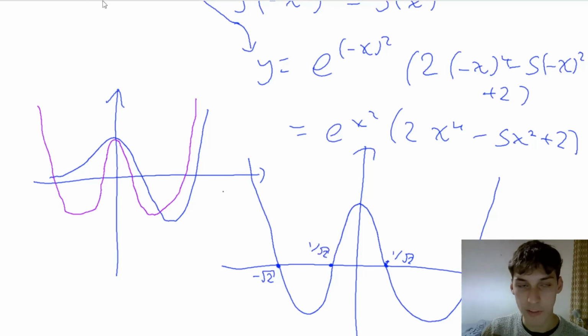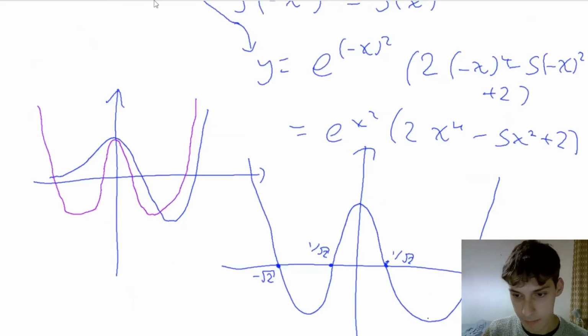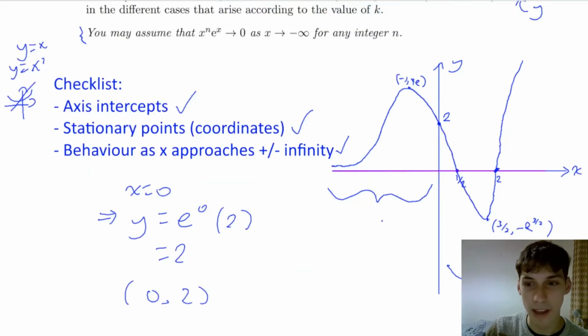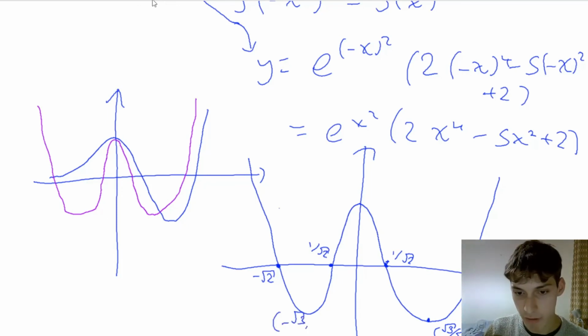What else? We just have the turning points. The y values are exactly the same, and we square root the 3 over 2. So square root of 3 over square root of 2. And the y value, I think, was, I can't remember, minus e to the 3 over 2. And we have the same here, minus root 3 over root 2, and minus e to the 3 over 2.